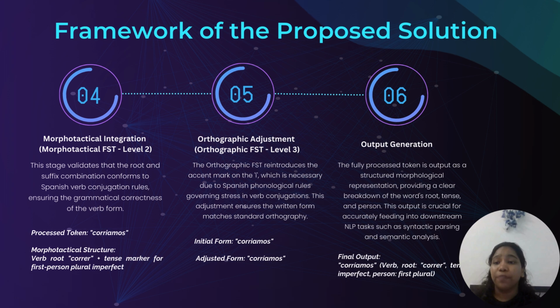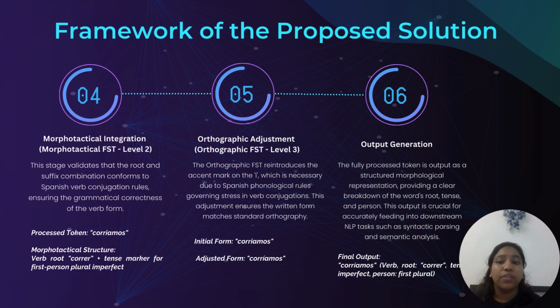Now, moving on to the fourth step, morphotactic integration, morphotactic FST level 2. This stage validates that the root and suffix combination conforms to Spanish verb conjugation rules, ensuring the grammatical correctness of the verb formed. As you can see here, we have used a Spanish word. The processed token was corriamos, and now the example is showing two different things.